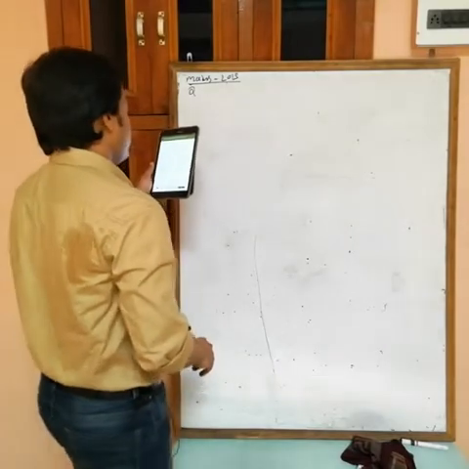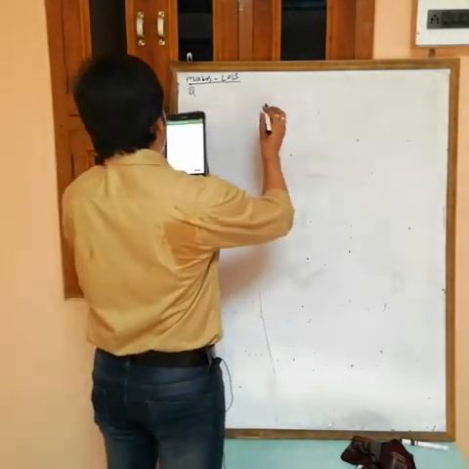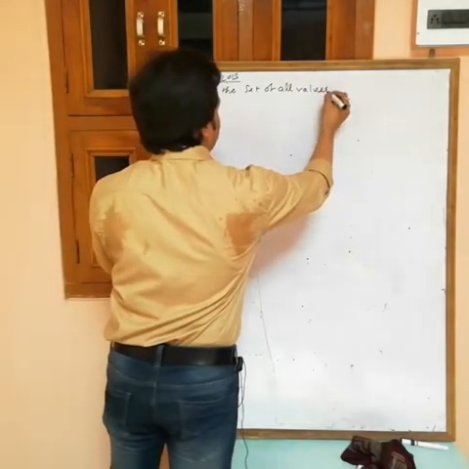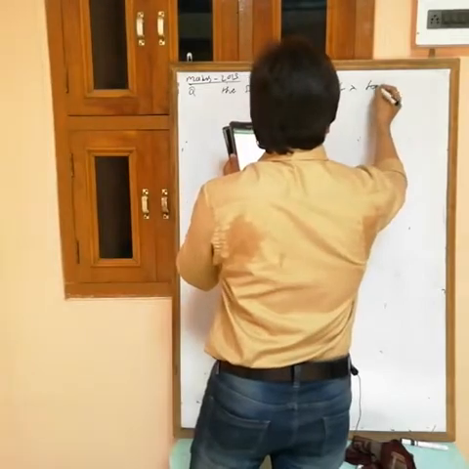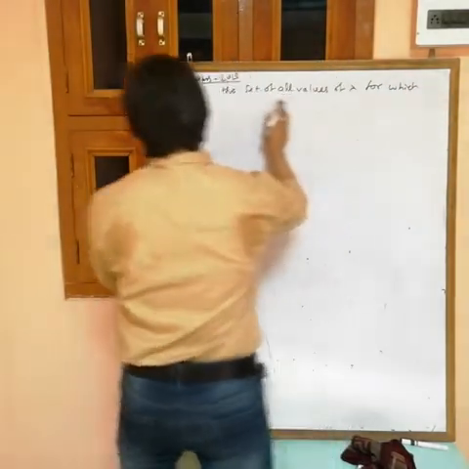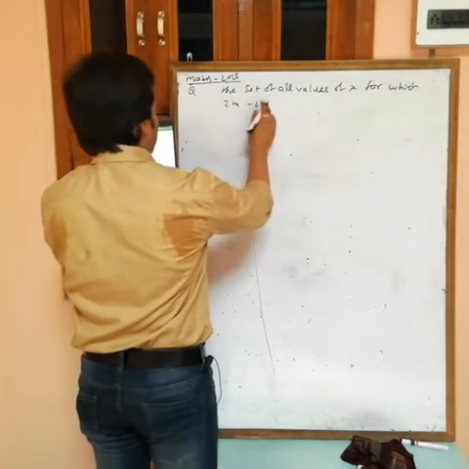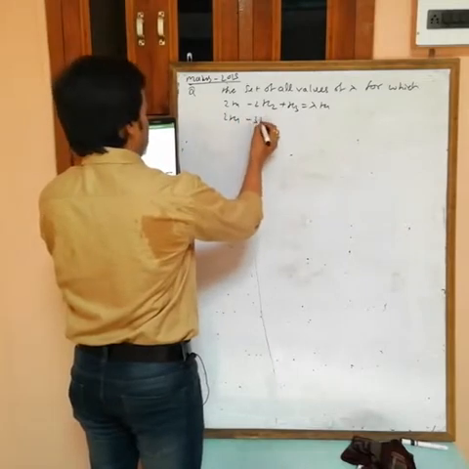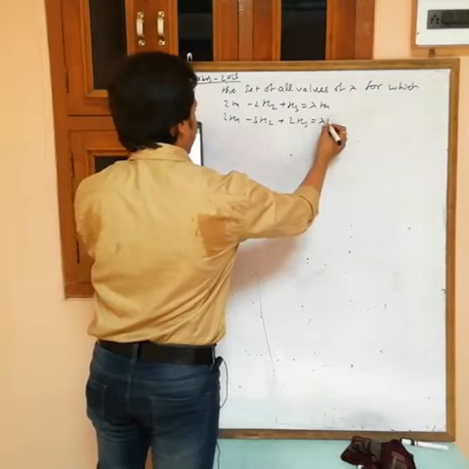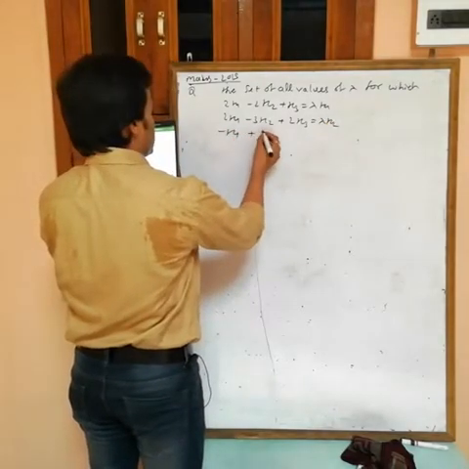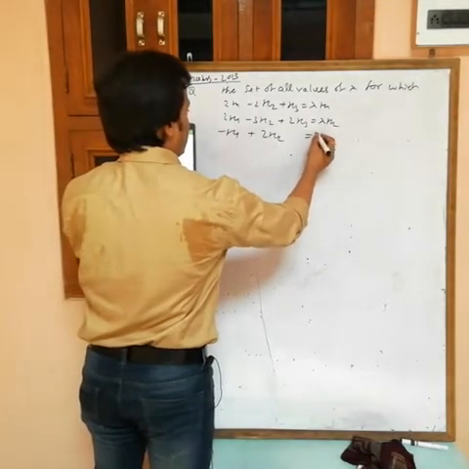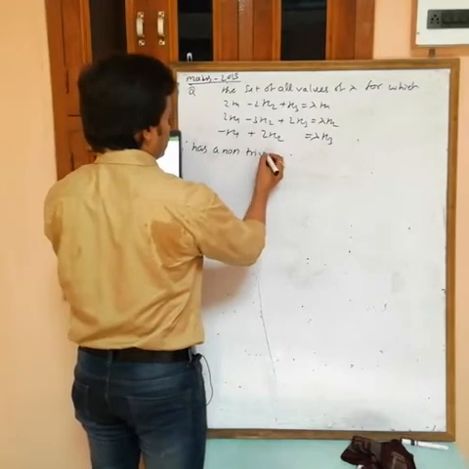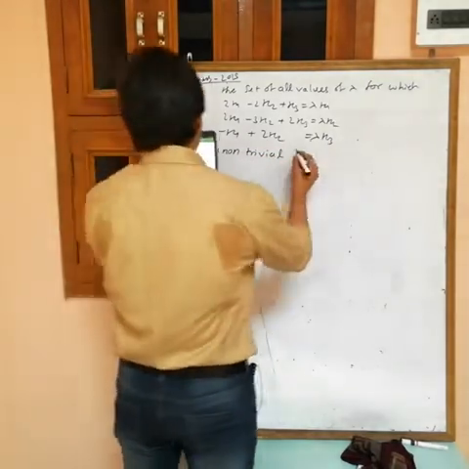The set of all values of lambda for which the system of linear equations 2x1 minus 2x2 plus x3 equals lambda x1, 2x1 minus 3x2 plus 2x3 equals lambda x2, minus x1 plus 2x2 equals lambda x3 has a non-trivial solution.